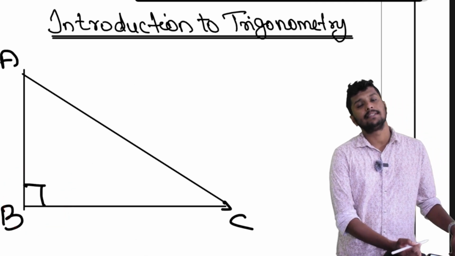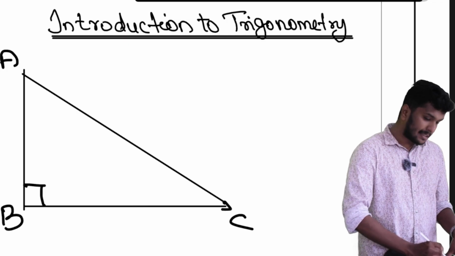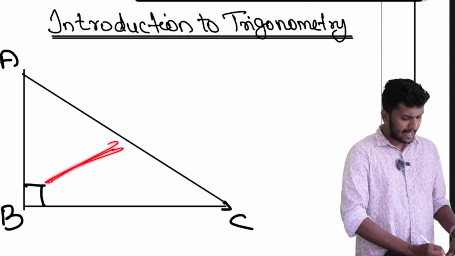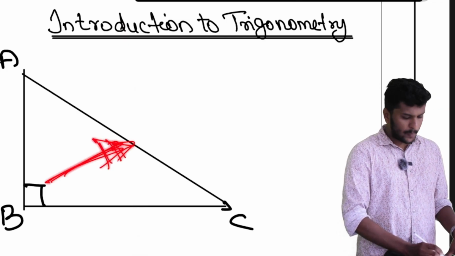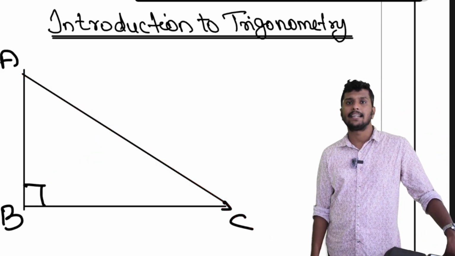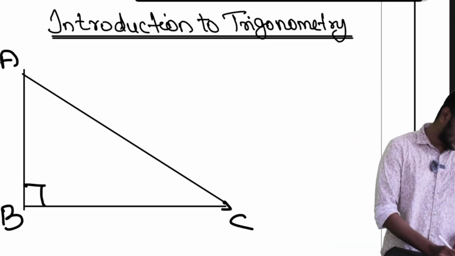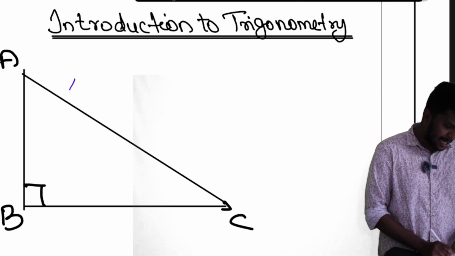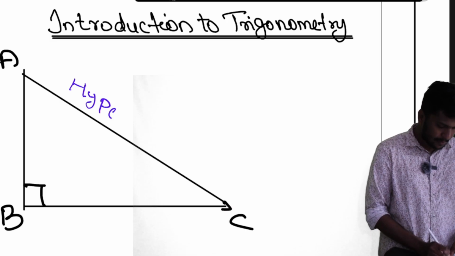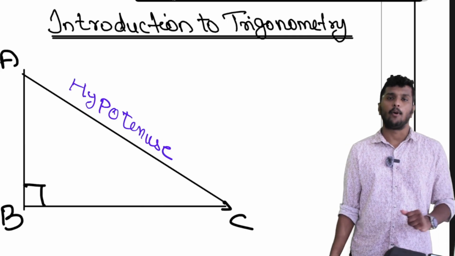Angle B is known as the 90-degree angle. And in a right triangle, opposite the right angle, we have the longest side. AC is known as the longest side. So AC is known as the hypotenuse.